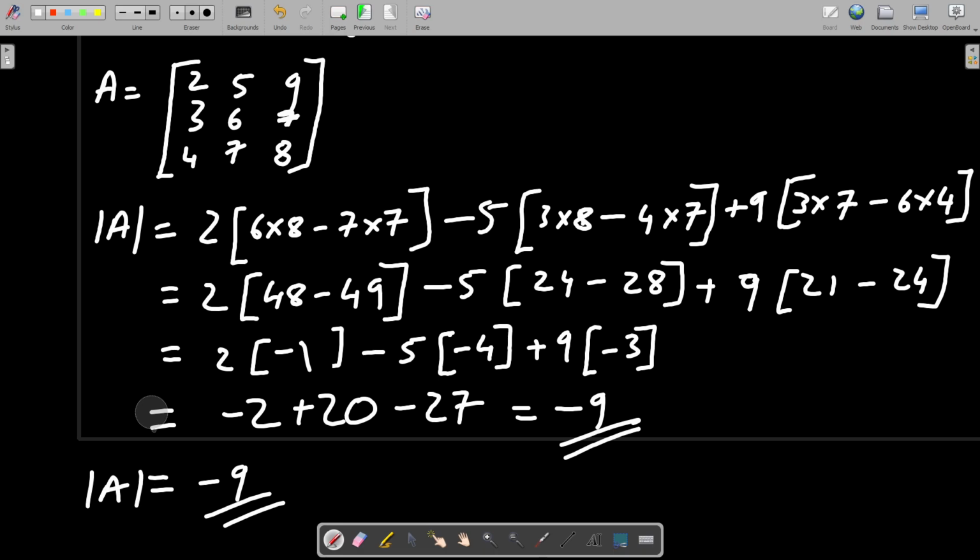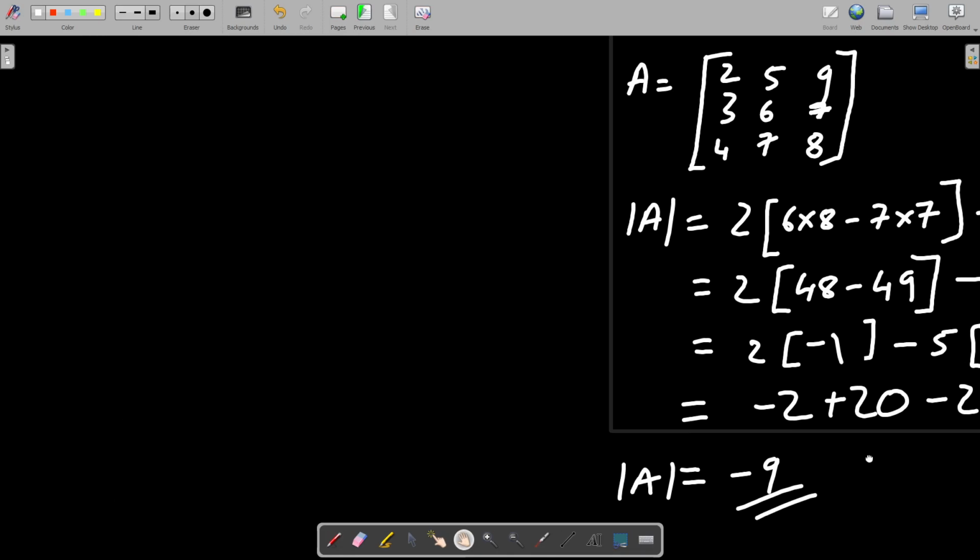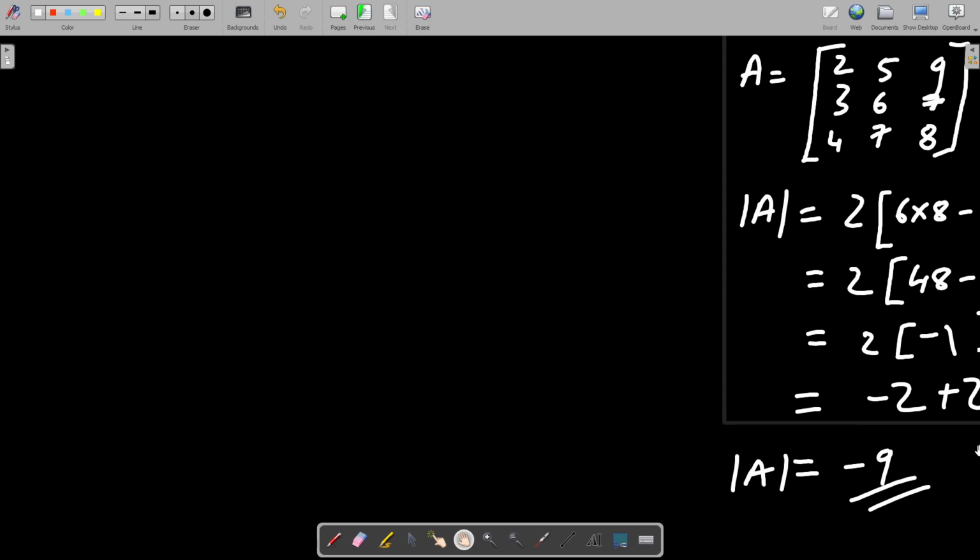Now what I'll do is the same thing, but I'll interchange the rows of the matrix. You can do this by interchanging the columns also, but I'll focus more on rows. So write this below. I'll interchange the second and third row. So R2, 3, any two rows you can interchange.